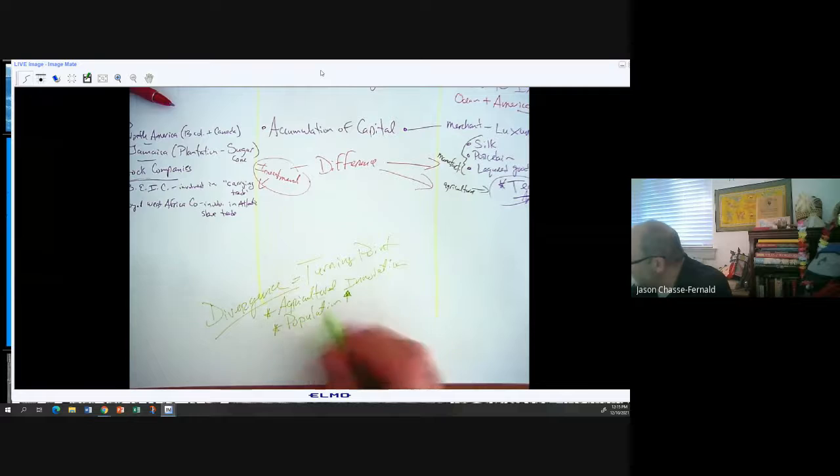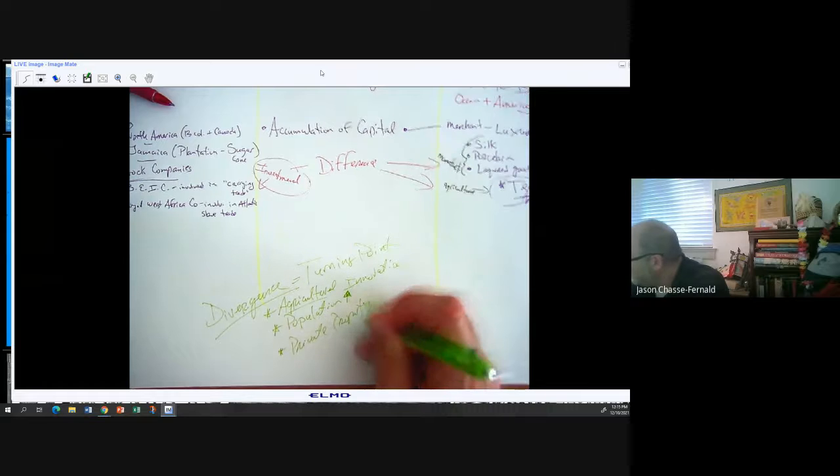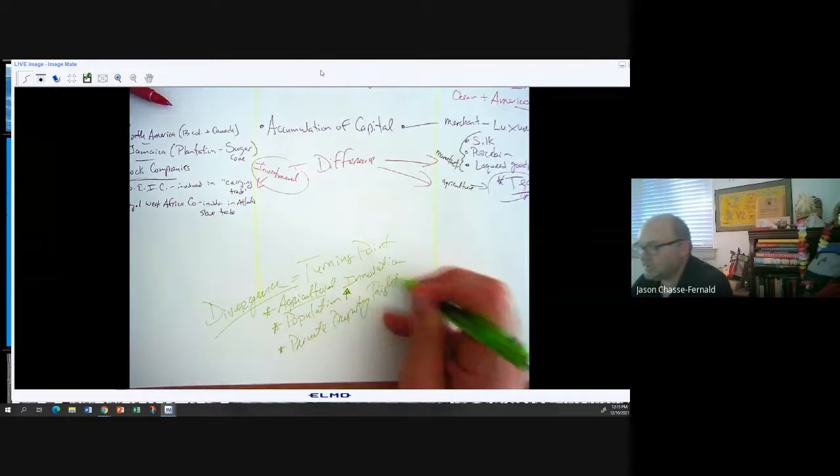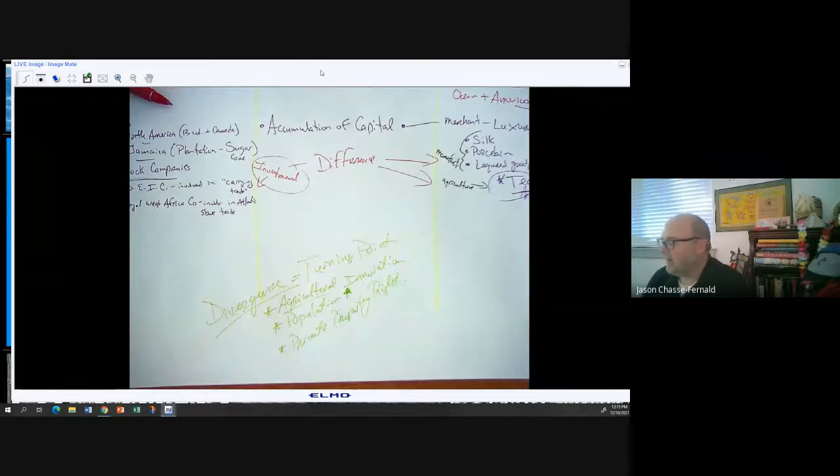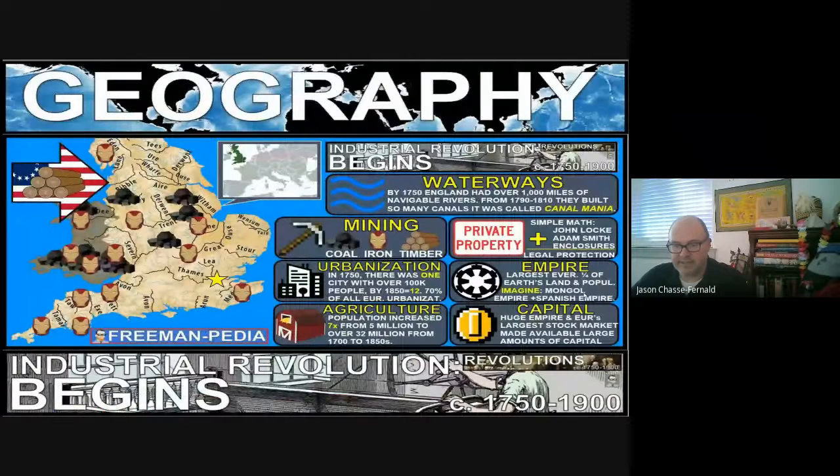So we're seeing this, and then of course the private property rights protections that we're seeing put into place here. So we're seeing numerous things kind of coming together all at once to create these preconditions.